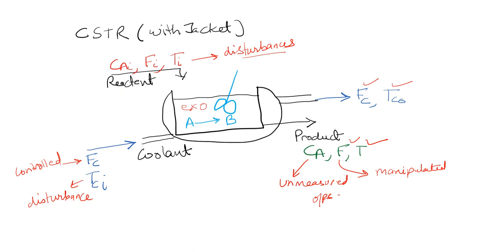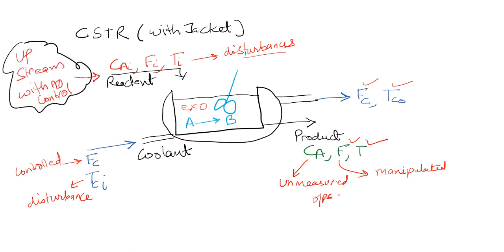Now if you see this example of the CSTR, let's suppose the reactant entering this CSTR comes from somewhere upstream, which is not controlled.